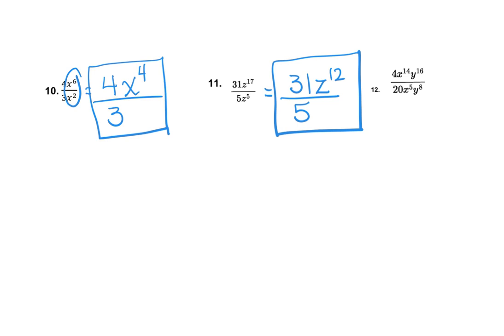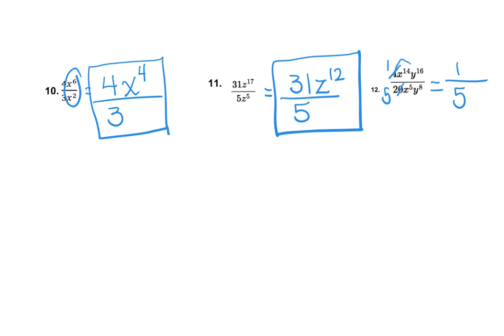All right, question number 12. Once again, you can't divide 4 divided by 20 evenly, but we can simplify it. So 4 goes into 4 one time, 4 goes into 20 5 times. And so now I'm just going to leave the 1 on the top, the 5 on the bottom, and now let's look at our x's.